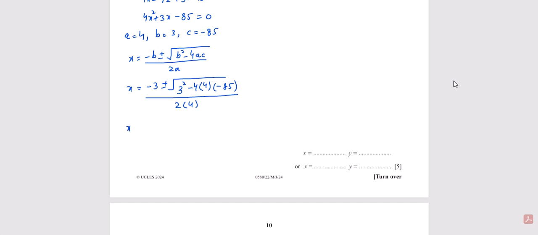So x is equal to minus 3 plus minus, calculate these values, we get 37 divided by 4 2s are 8.